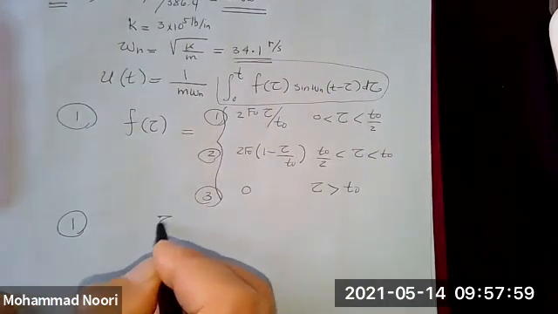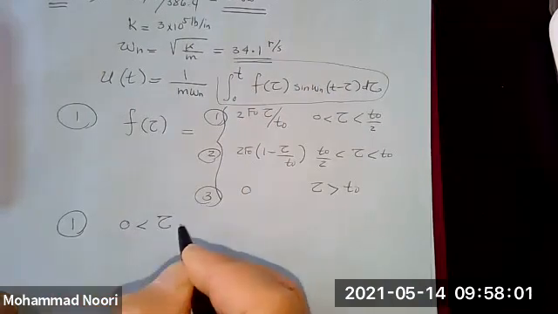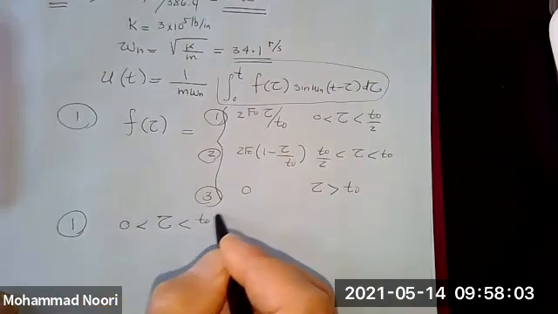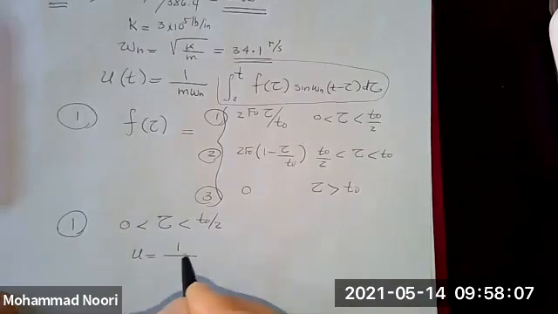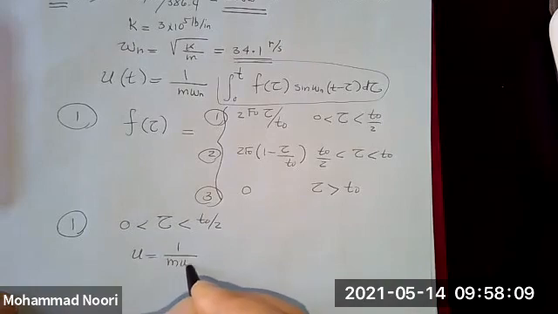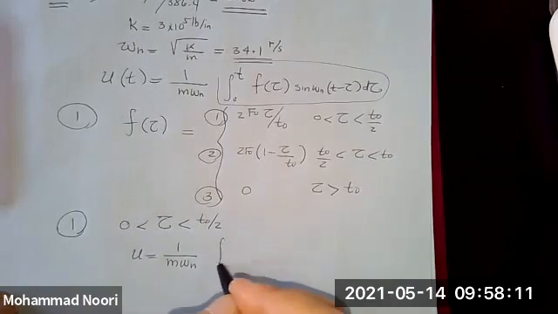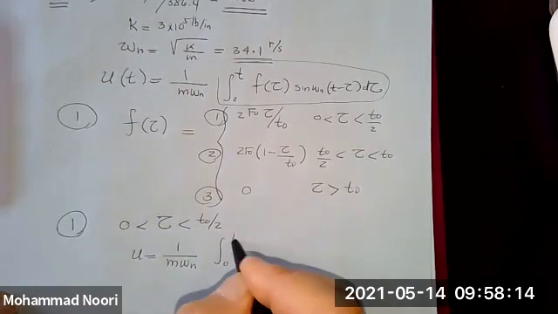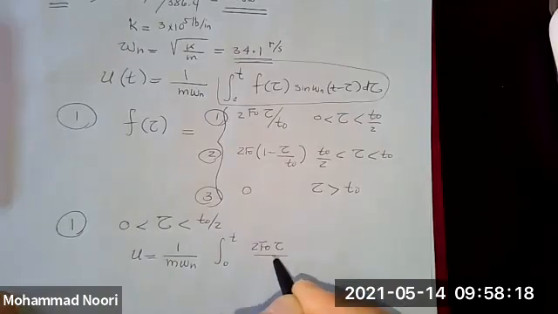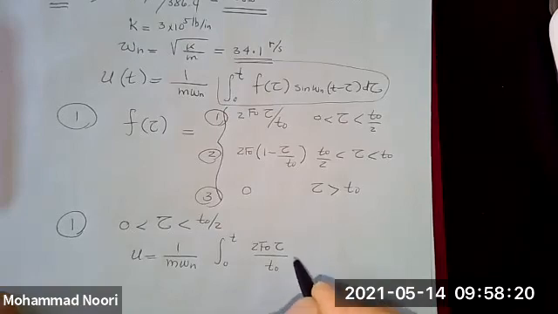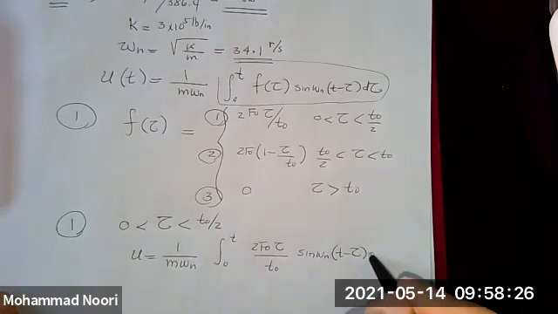So for case 1, when tau is greater than 0 and less than T naught over 2, you have u is 1 over m omega n integral from 0 to t of 2 f naught tau over T naught sine omega n (t minus tau) d tau.